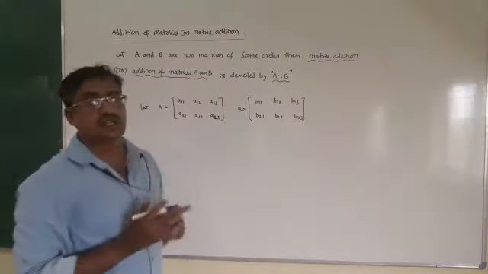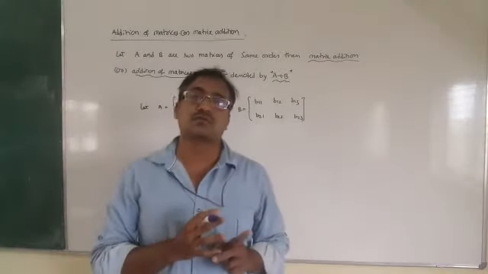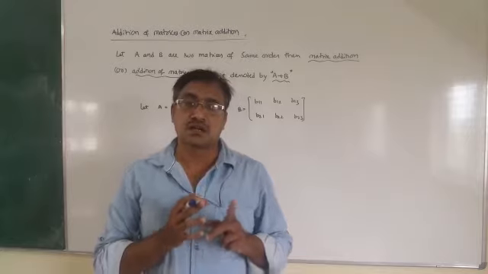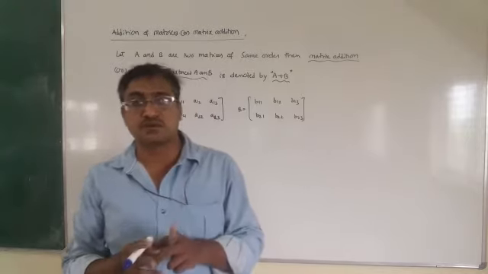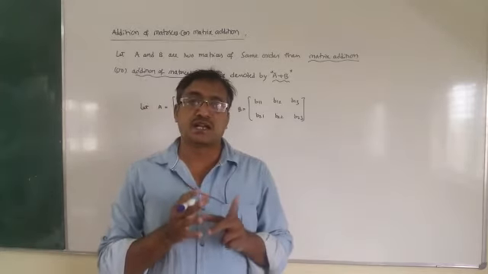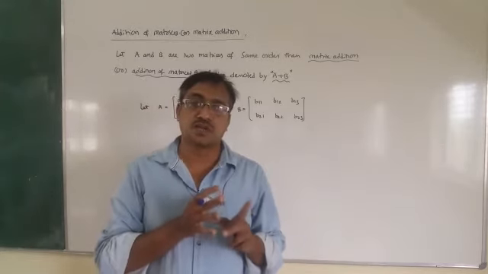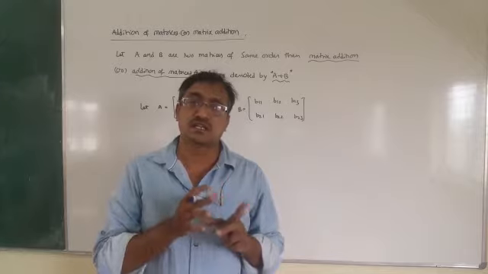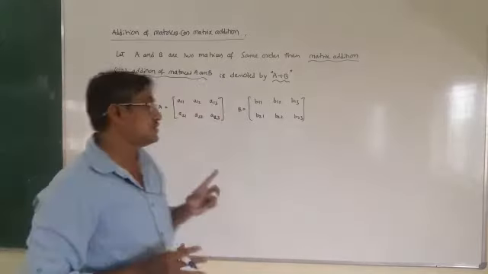So now clearly you can see A and B are two matrices of the same order. Remember that to add two matrices, they must be of the same order. Matrix addition is possible only when the matrices are of the same order.